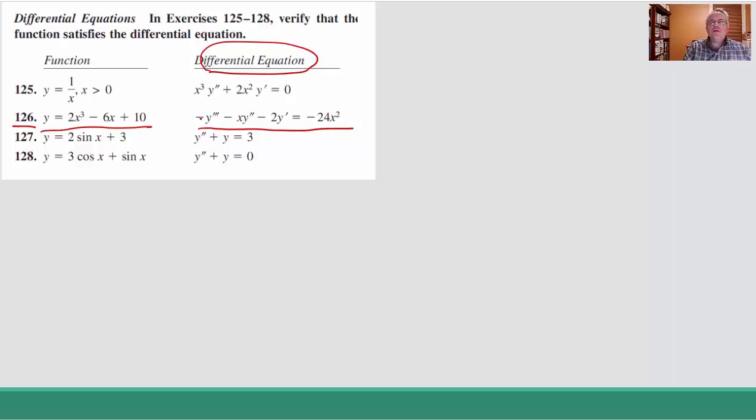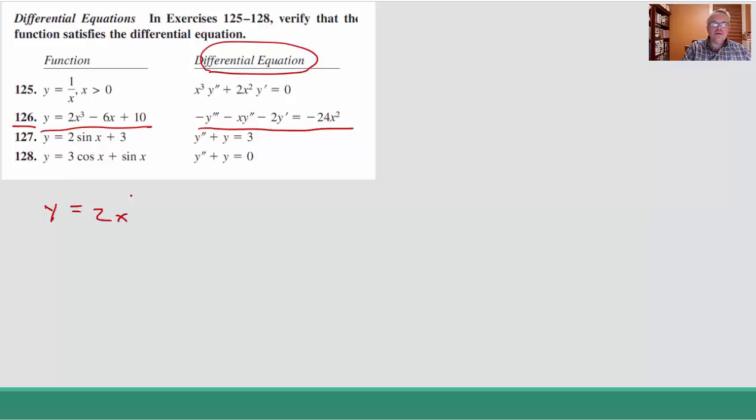So we're supposed to show that for this function, minus y triple prime minus x times y double prime minus 2 times y prime equals negative 24x squared. So what we have to do is find the derivatives and substitute into this and show that we get negative 24x squared. So I'll find the derivatives first.